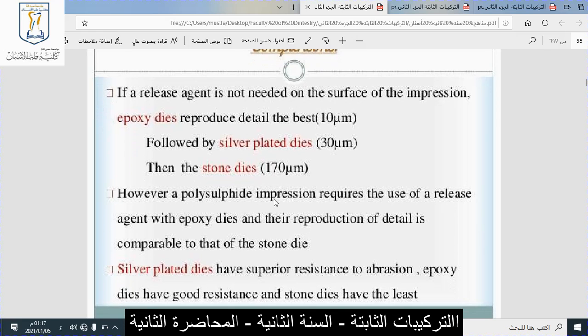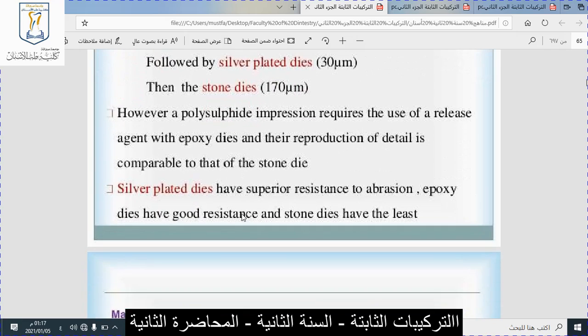However, the polysulfide impression requires the use of a releasing agent, and with epoxy resin dye, this reduces the details.